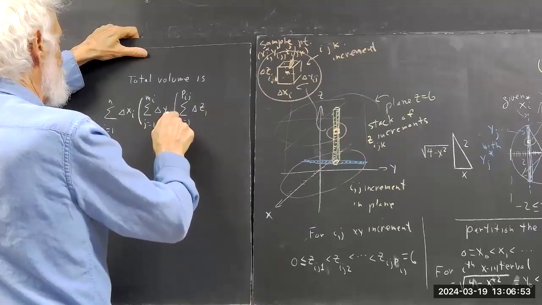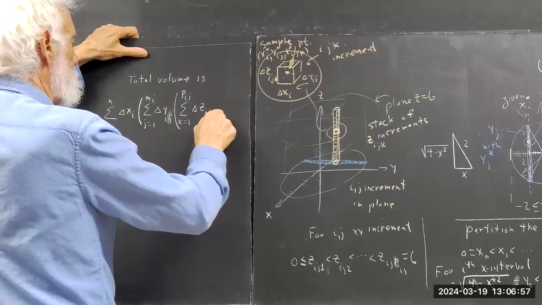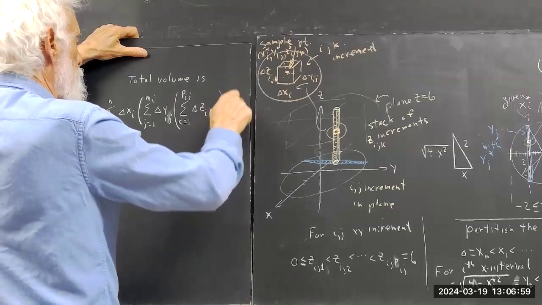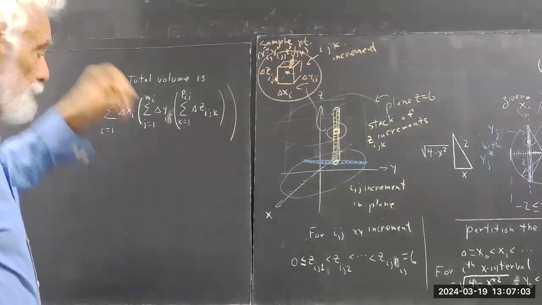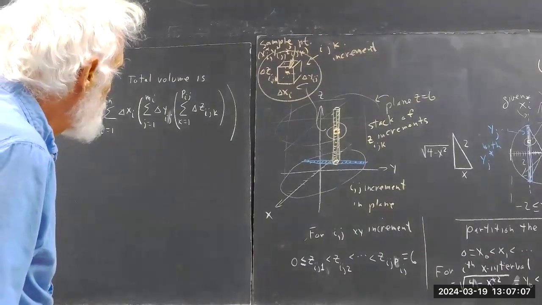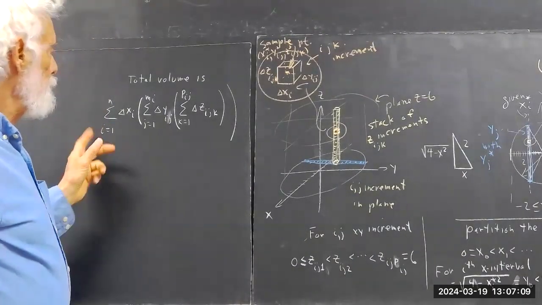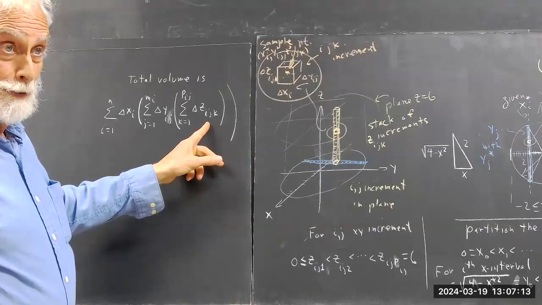It would be this entire sum. So for every I and J, I add up all the delta Z's.